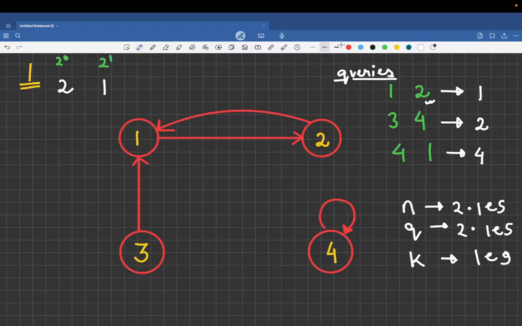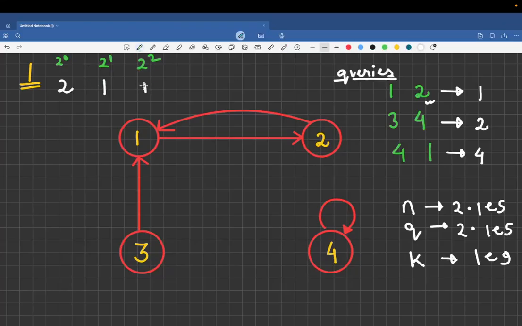Okay. Now similarly, 2 power 2th parent. 2 power 2th parent means fourth parent for node 1. Basically, if we are teleporting 4 times from 1, which planet will we be at? So if you just look, from 1 first is 2, second is 1, third is 2, fourth is again 1. So 2 power 2th parent of 1 is again 1.